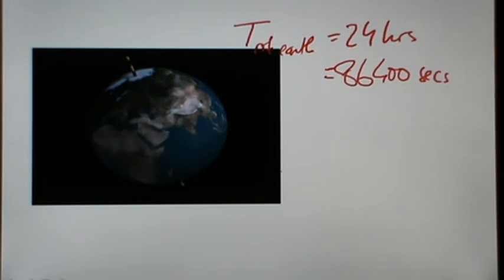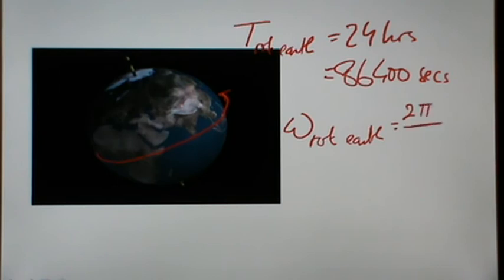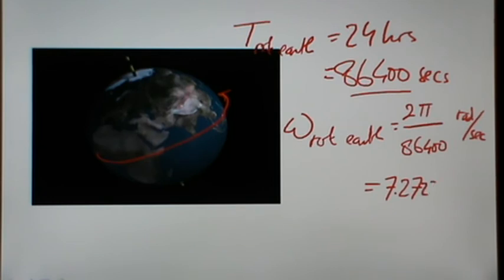Therefore, if you want to calculate the angular velocity of the rotation of the Earth, then it will be 2 pi divided by the period 86,400 radian per second, and we get 7.27 times 10 to the minus 5 radian per second. It's very small compared to the hands of the clock.